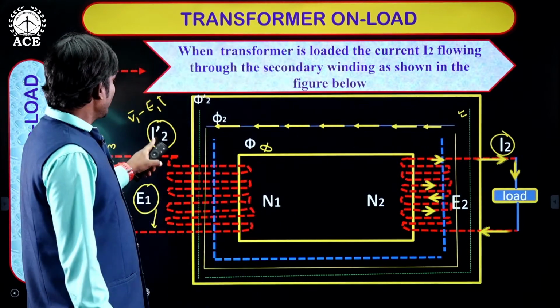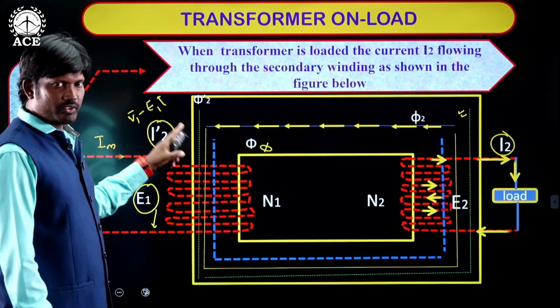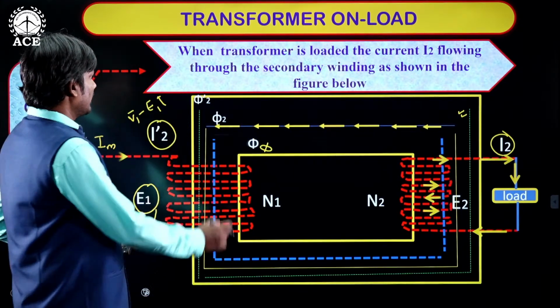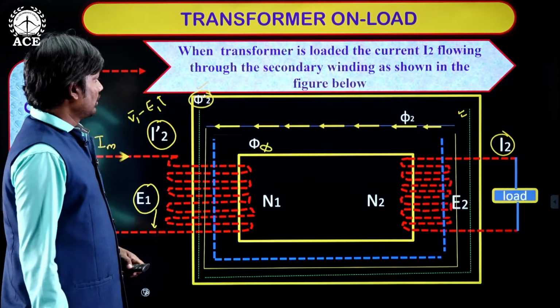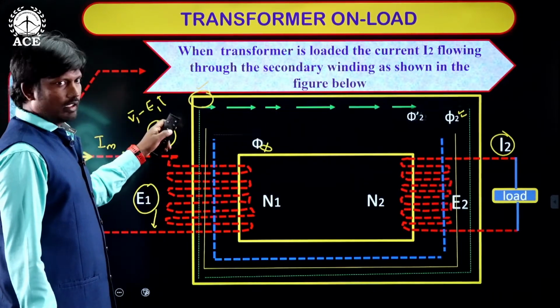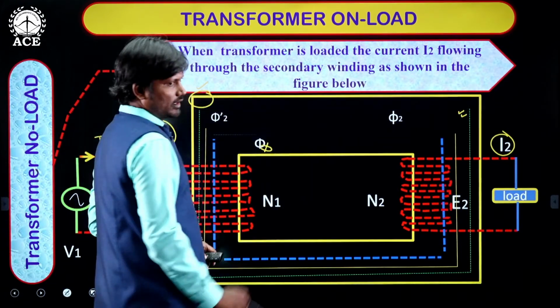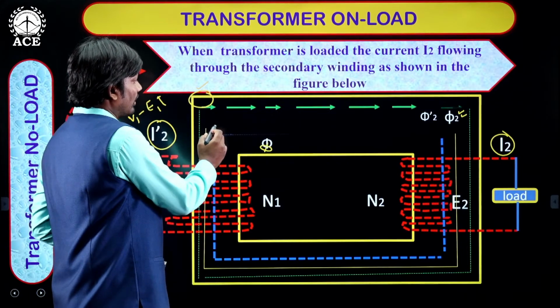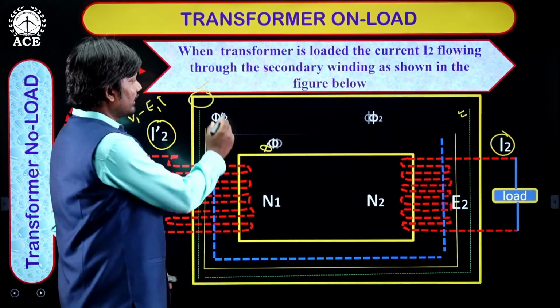Now, this I2 dash, the load component of the primary current, produces its own flux, that is phi 2 dash, and its direction is clockwise, similar to the main flux, and this flux is opposite to phi 2. See here, see the direction, green color.